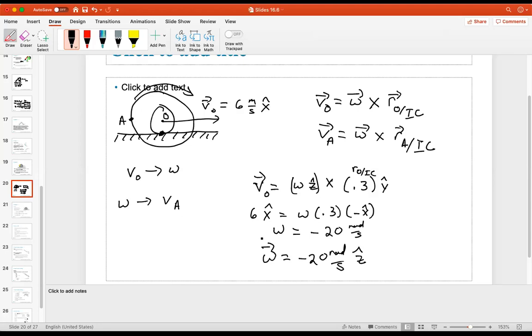I'm going to use that vector form, not the scalar form. Okay, so now I'm going to make a new slide. Oh, son of a gun.